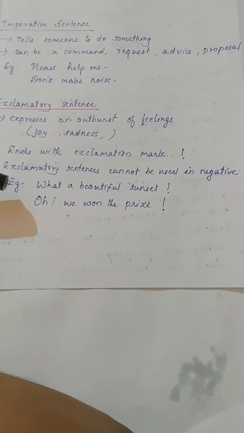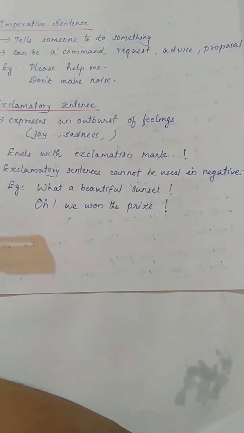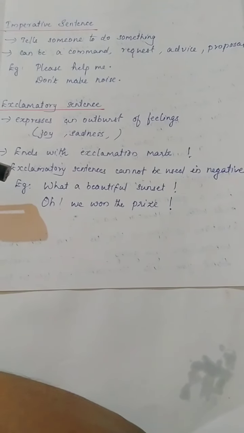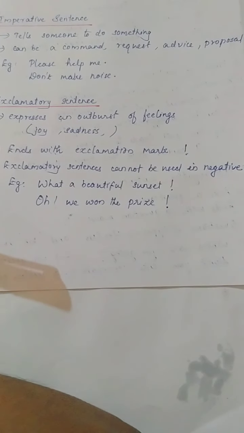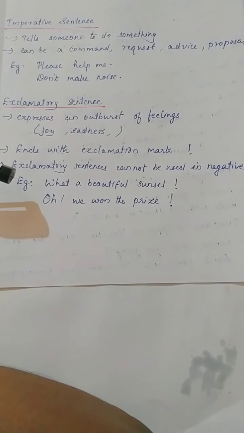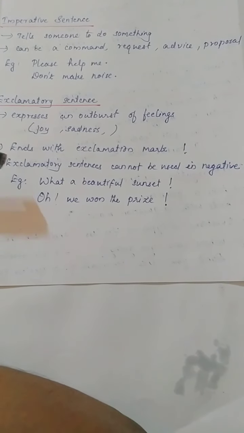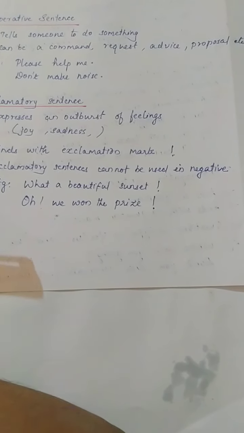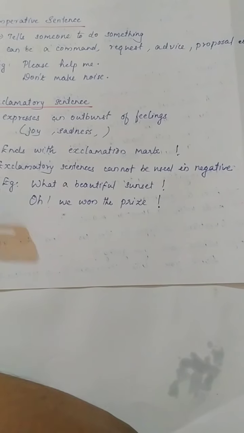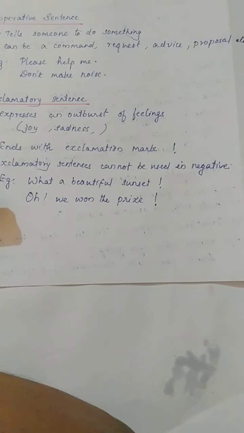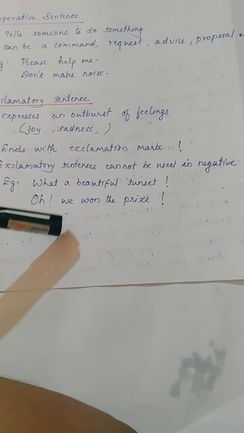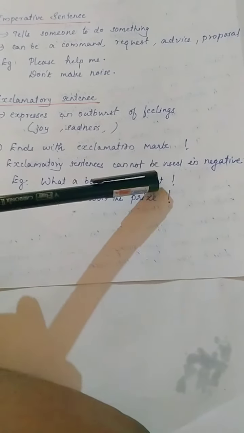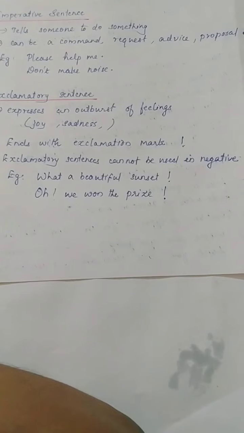And here is an example, what a beautiful sunset. Okay, when we are watching that sunset, we feel great joy. That time we can express, what a beautiful sunset. Oh, we won the prize. Okay, with excitement, with joy, we express those sentences. After an exclamatory sentence, we have to use the exclamation mark.